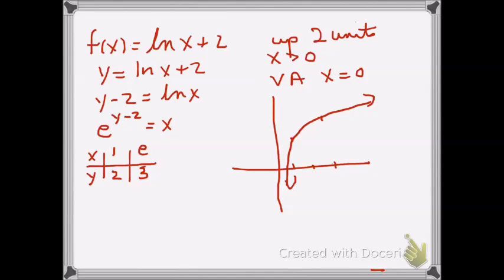So let's graph the inverse also in a different color. We'll replot these points. Instead of 1, 2, we'll plot 2, 1: over 2 and up 1, and over to 3 and up to 2.7.